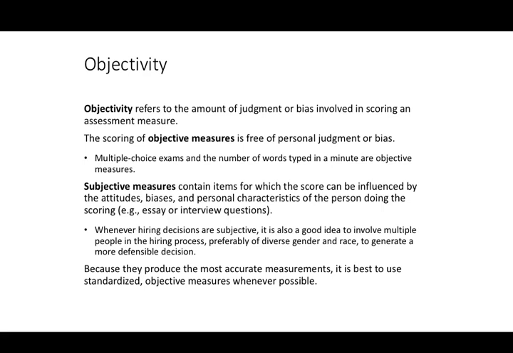Whenever we can use standardized objective measures, that's our goal, but when we are using subjective measures, we have to be very careful that our interpretations of those results are not biased by protected class status issues.